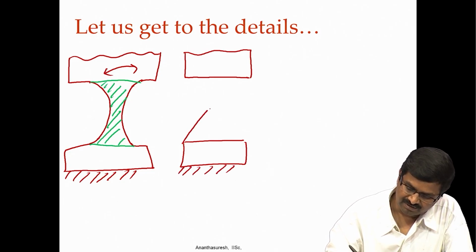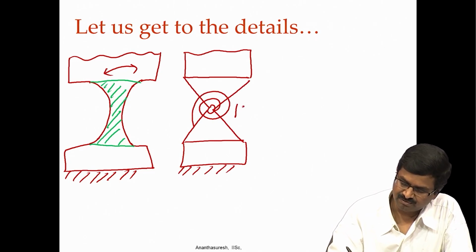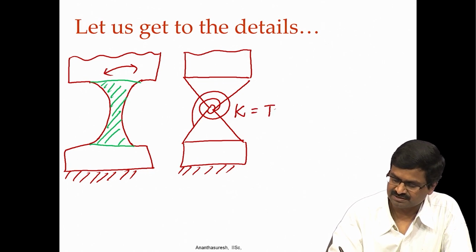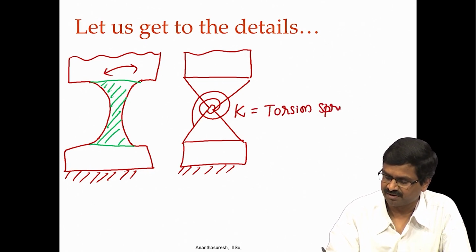Now, I would like to model by putting a hinge there, because that is the effect of rotation, and a torsion spring. I want to know what this kappa is. This is the torsion spring. It is a model constant.